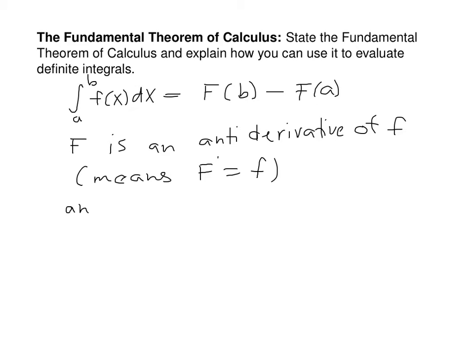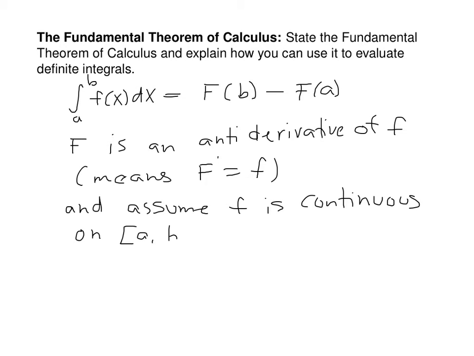And you also have to assume that f is continuous on the interval from a to b. In this course, we're going to learn how to deal with situations where your function is not continuous over the interval. But for right now, you assume your function is continuous.